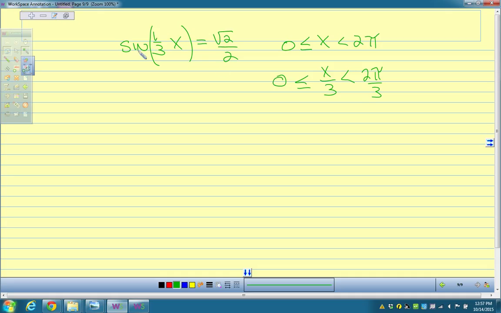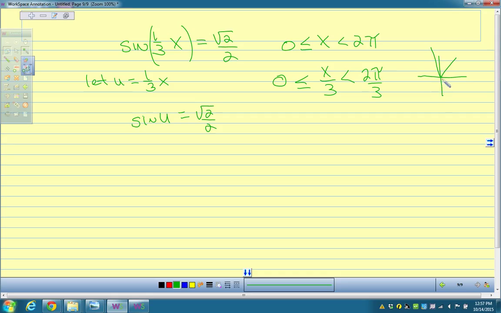So I'm going to let u equal 1/3 x. And so then I want where sine of u is equal to root 2 over 2, and u is equal to 1/3 of x. So where between... Pi over 4, and where else? 3 pi over 4, but is 3 pi over 4... oh, yeah, you're right. 2 pi over 3 is like 120 degrees.